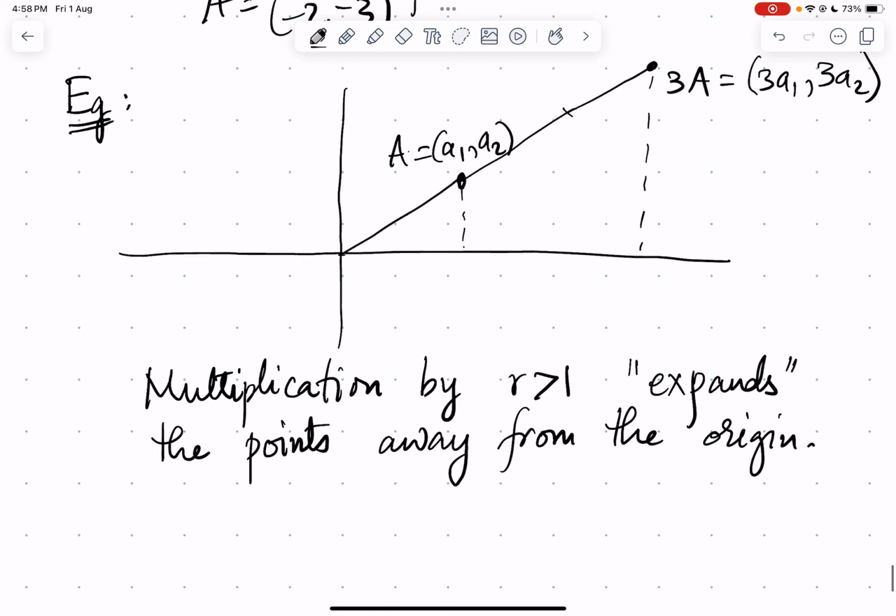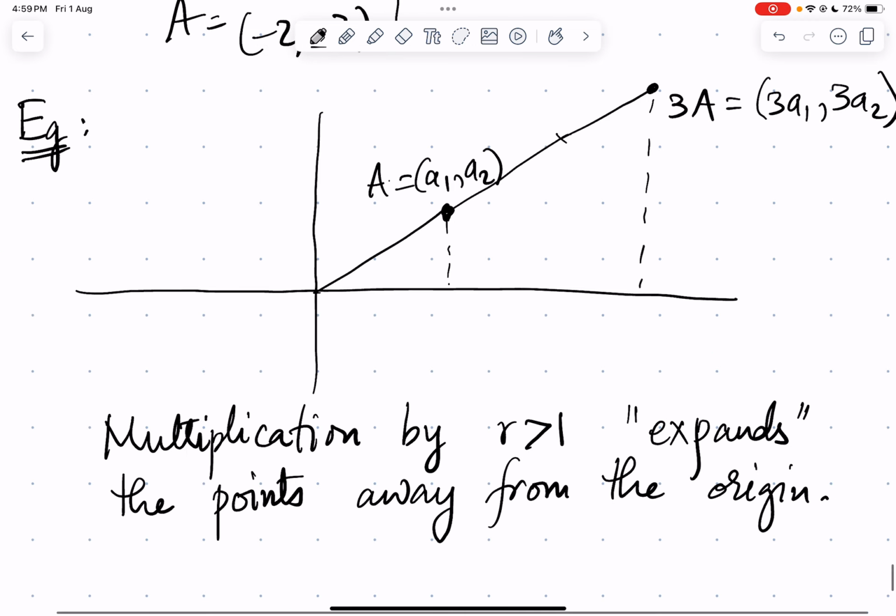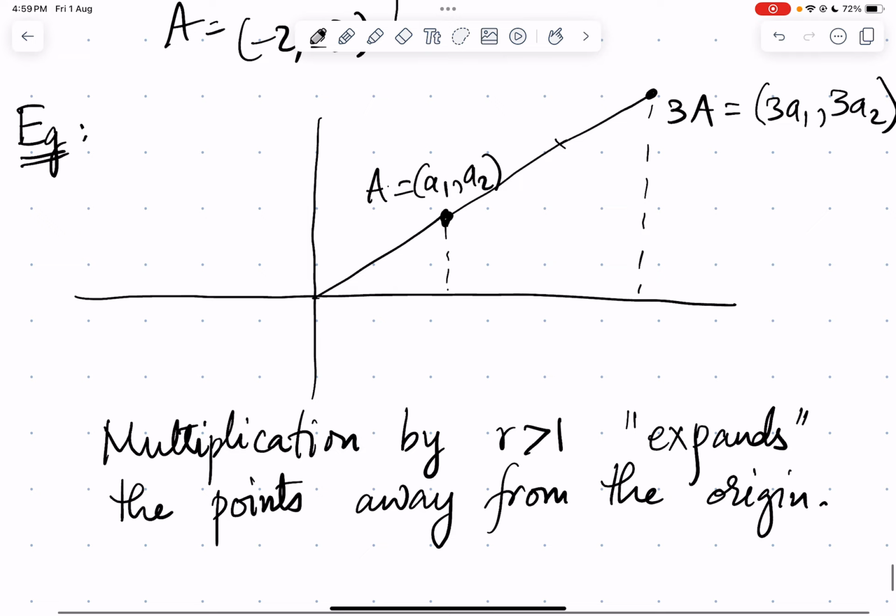The length becomes 3 times the original length, because the square root of (3a1)^2 plus (3a2)^2 is just 3 times the square root of a1^2 plus a2^2. So in going from A to 3A, distance has become thrice and the direction has been preserved.